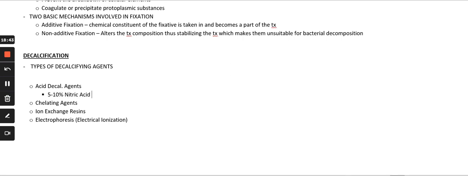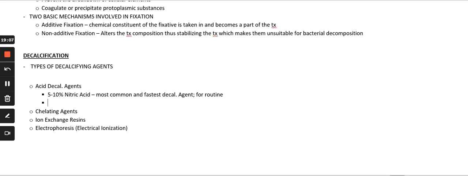Now, 10% nitric acid is considered the most common and fastest decal agent, and it's also recommended for routine purposes.